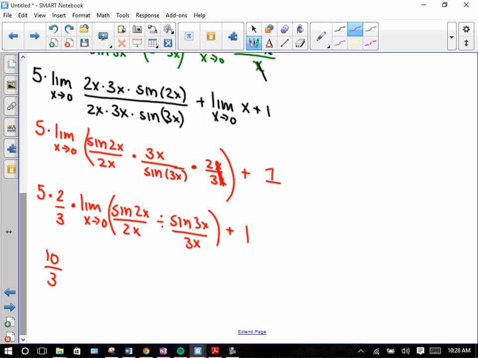What's this limit right here? What's 1 divided by 1? 1. So 10/3 times 1 plus 1. 10 thirds plus 1 is going to be 13 thirds.